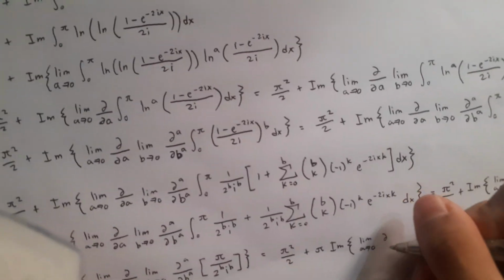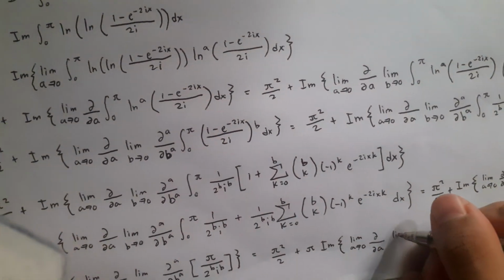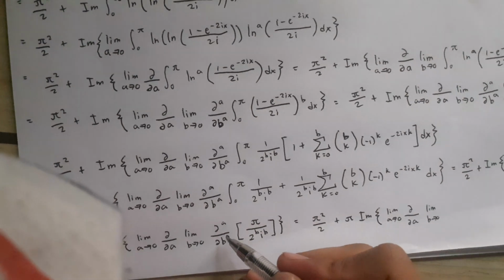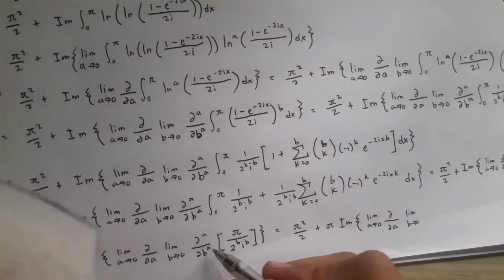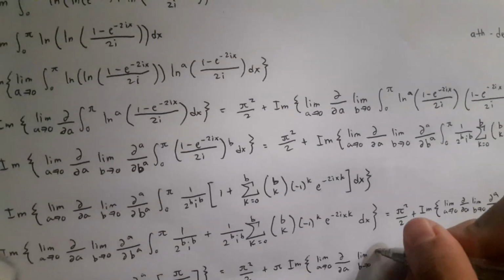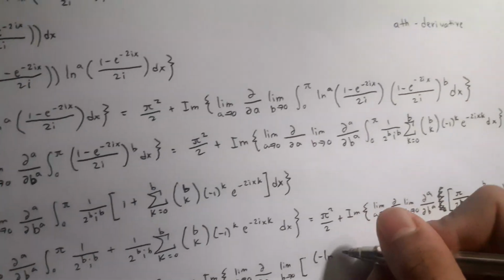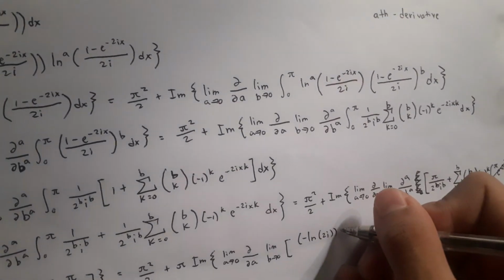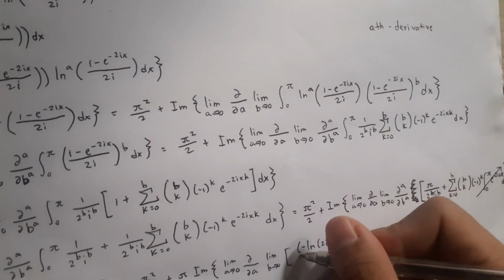and b approaches 0, and the derivative of this function to the a order is just negative ln of 2i raised to a, of course.